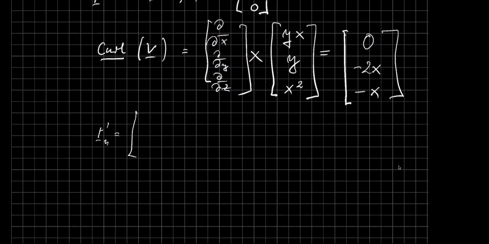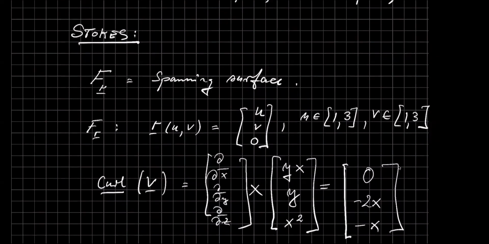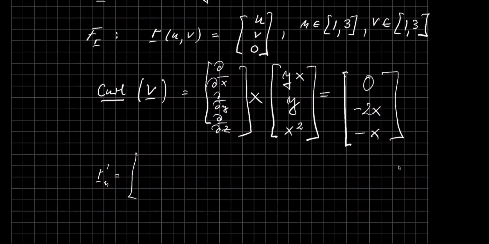This is a parametric representation, so I get 1, 0, 0, and I get 0, 1, 0.